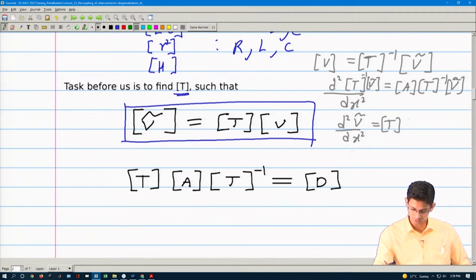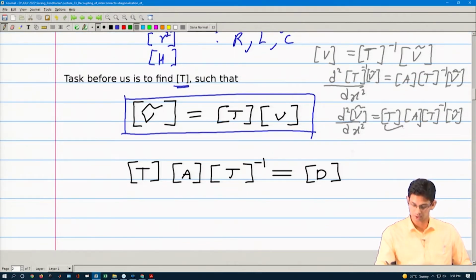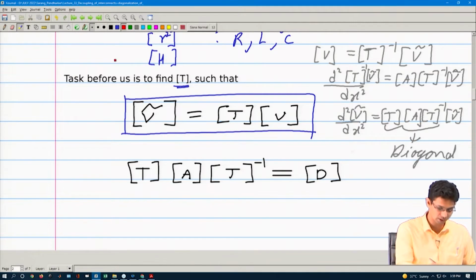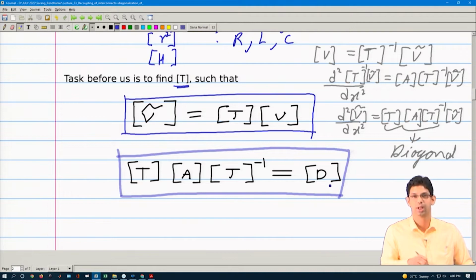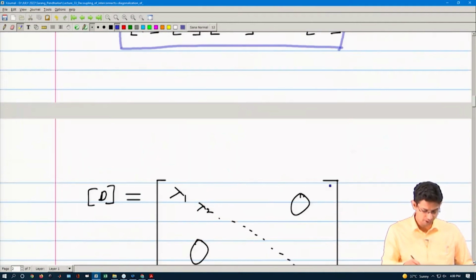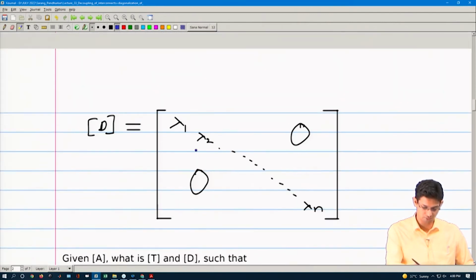You will be having this T inverse. So, T A T inverse. This should be your diagonal. So, this is the constraint that we have: you want to find a transformation matrix T such that this will give you a diagonal matrix D, right, and D should be of this form, lambda 1 to lambda n.